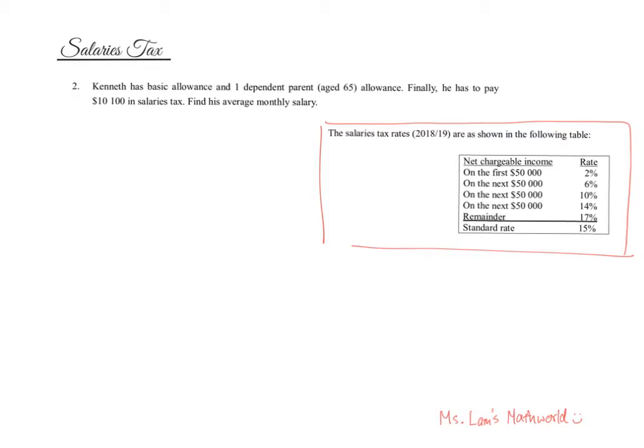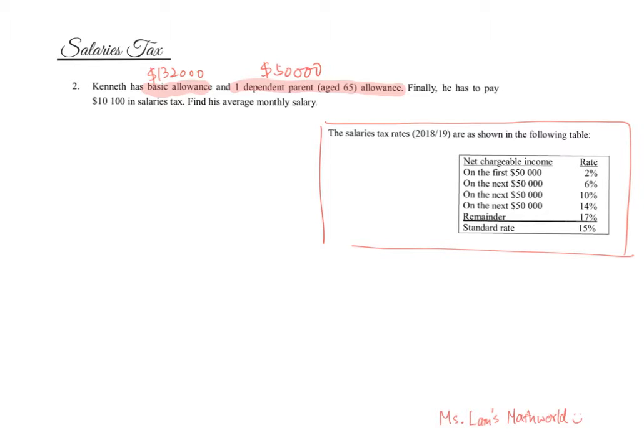Here is the question. Kenneth has a basic allowance and one dependent parent allowance. From the table we've discussed in the lesson, the basic allowance and one dependent parent allowance are 132,000 and 50,000 respectively.